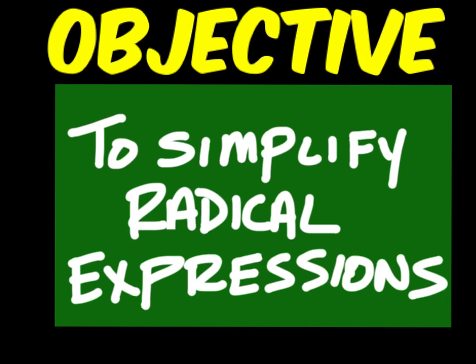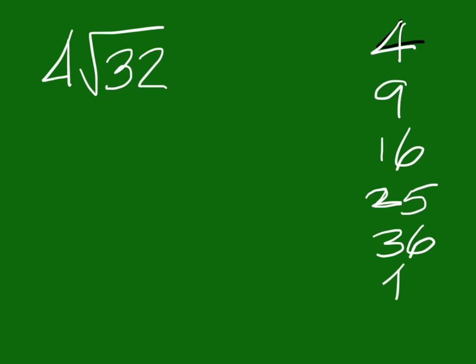Today's objective is to still simplify radical expressions. And here's example number 1. 4 square root of 32 is what we did yesterday, and I'll review a little bit more for people that were not here. Your list of perfect squares that you're going to look at are 4, 9, 16, 25, 36, 49, and so on.